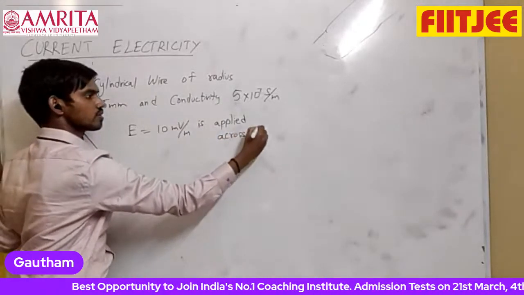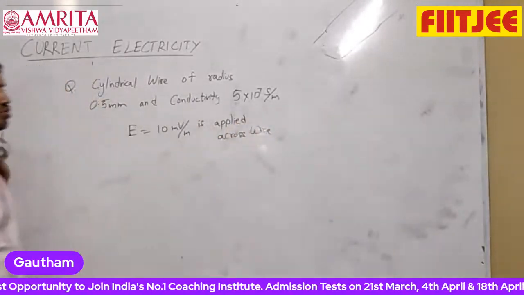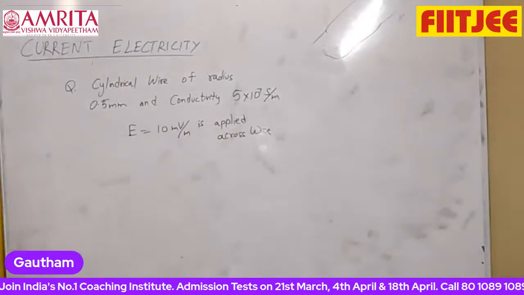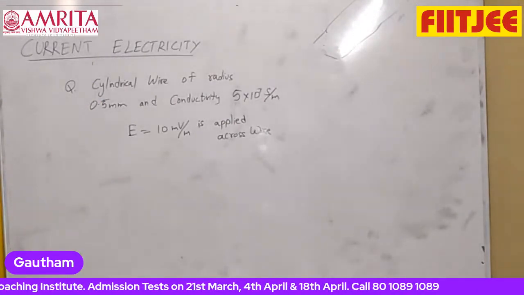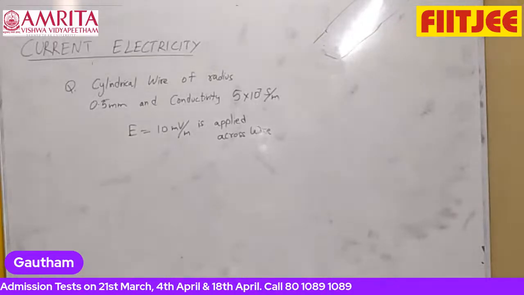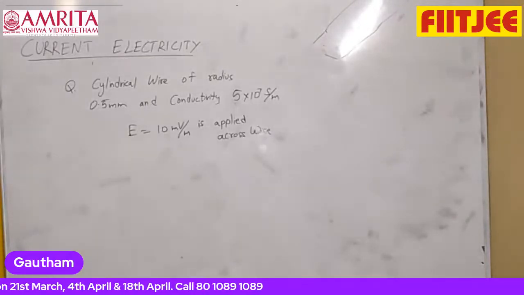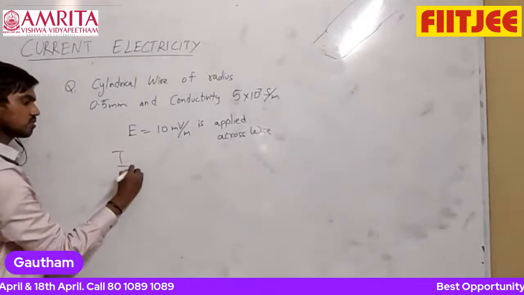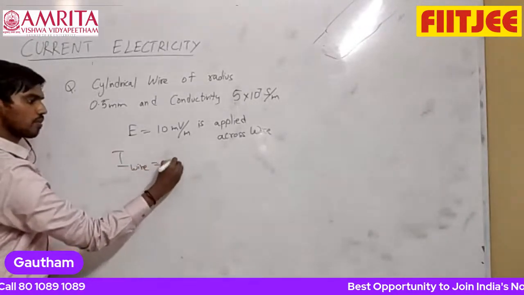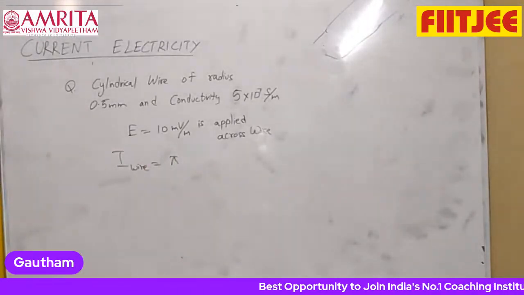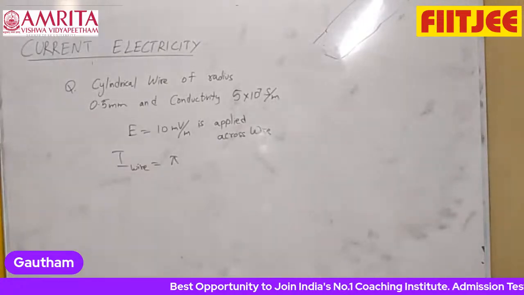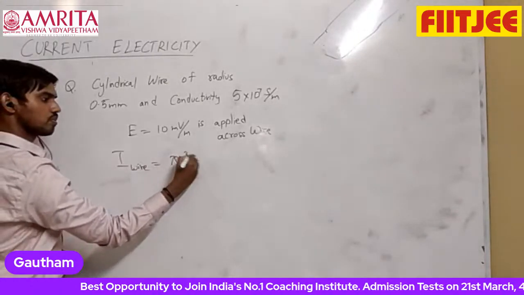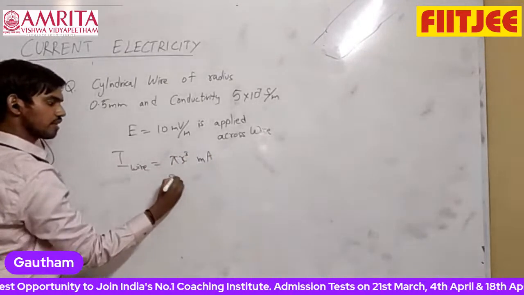So based on the information given here, you have to find the value of current in the wire. In fact, they have given that the current in the wire is 5 into x cube milliampere. So you have to find x.